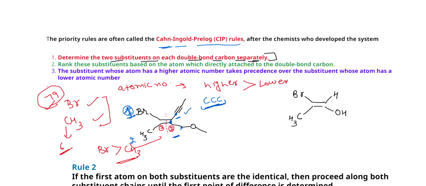And here the second atom is oxygen. So out of oxygen and carbon, which has higher atomic number? Oxygen has atomic number 8 and the carbon has atomic number 6. So oxygen is given more priority as compared to the carbon.